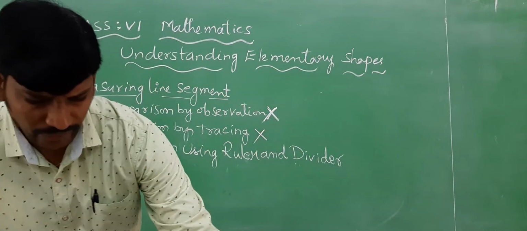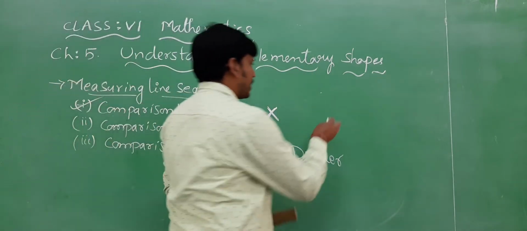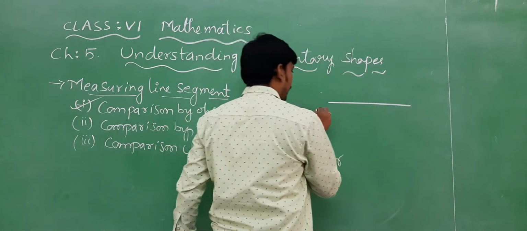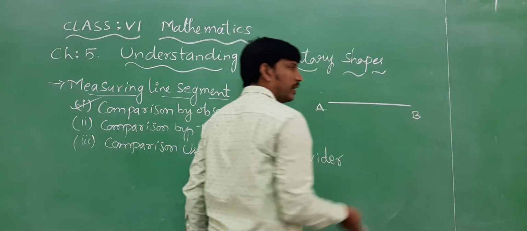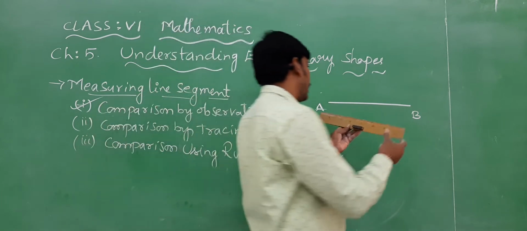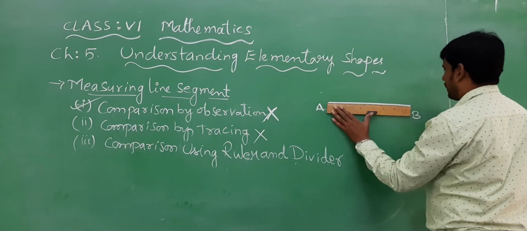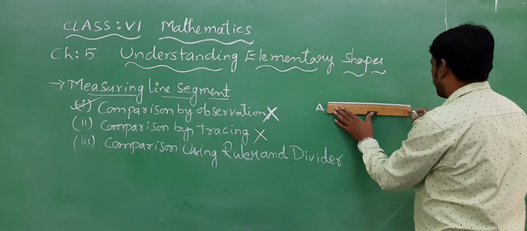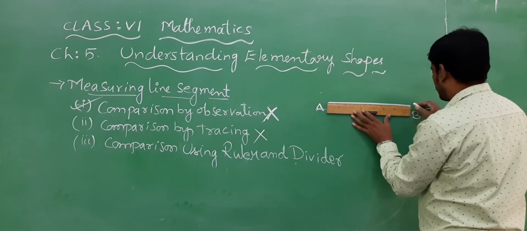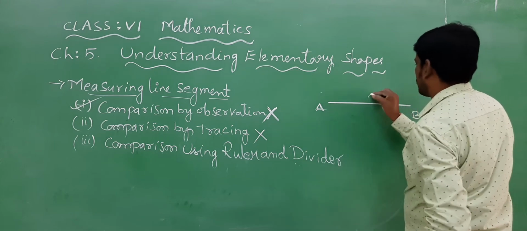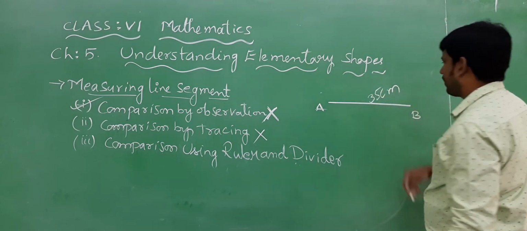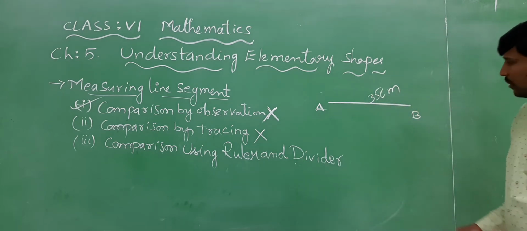Suppose you draw a line segment here. AB is a line segment. By using the scale, we can say what the length of this one is. Let us take here 30 centimeters, or 35, suppose this is 35 centimeters. Clear, right?